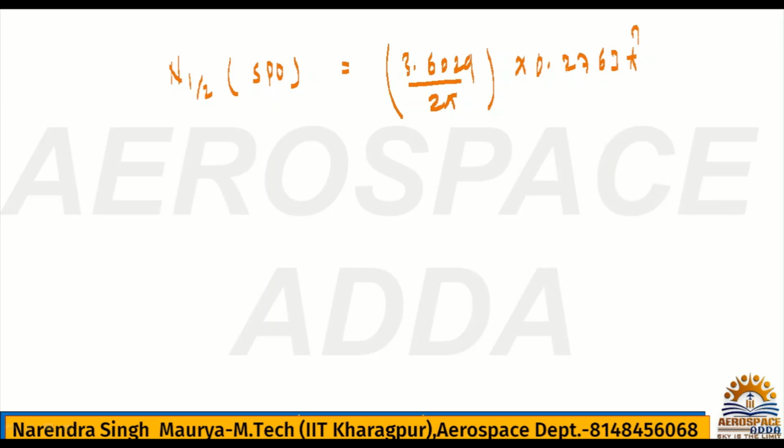Once you solve this, you may have n half, that is the number of cycles to half for the SPO, for the short period oscillation, you will get 0.1584 T cap. Remember, T cap is also a function.